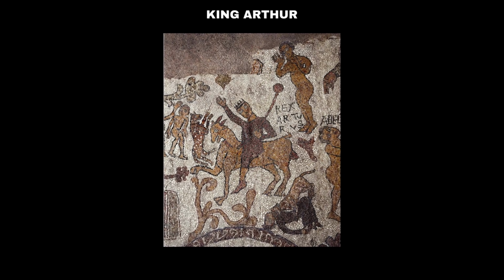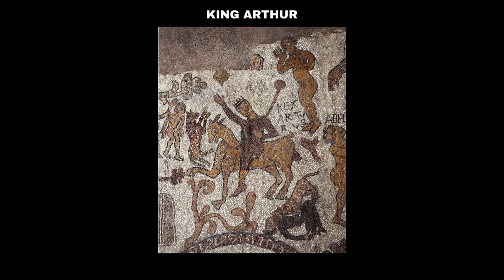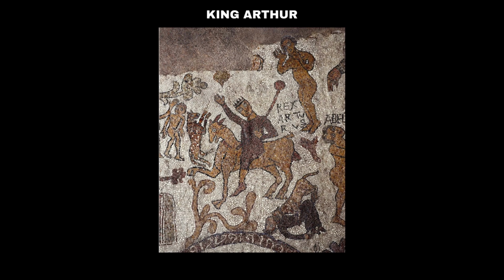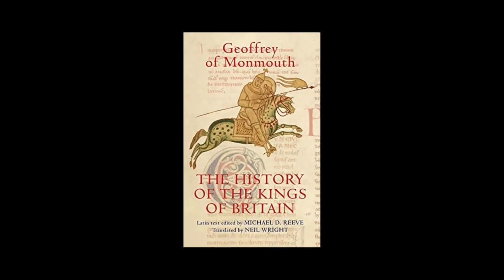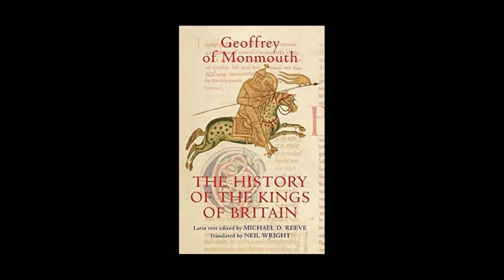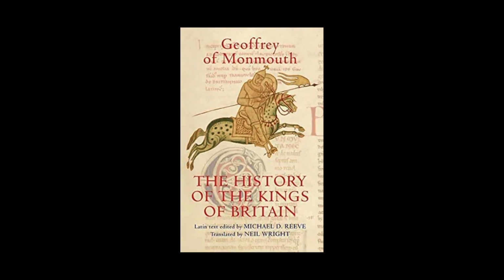Here we have a depiction of King Arthur. The legendary King Arthur developed as a figure of international interest, largely through the popularity of Geoffrey of Monmouth's 12th century History of the Kings of Britain. Geoffrey depicted Arthur as a king of Britain who defeated the Saxons and established a large empire.